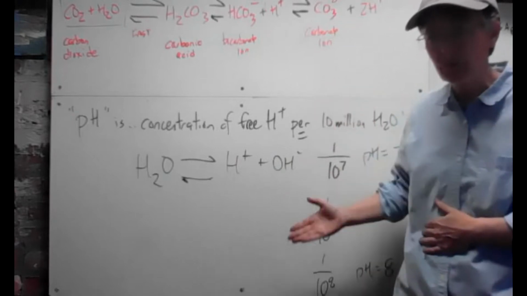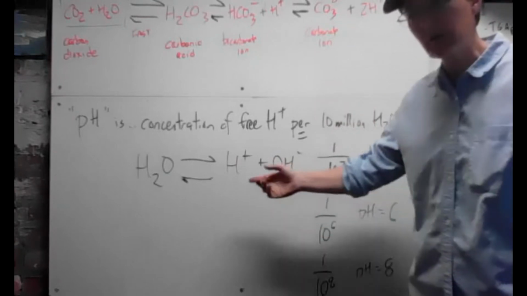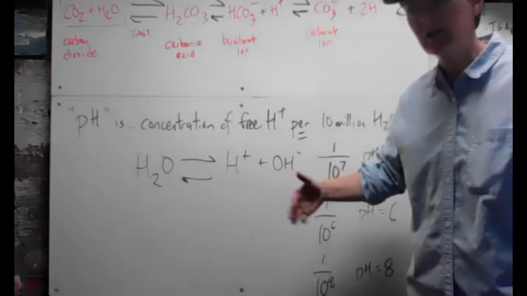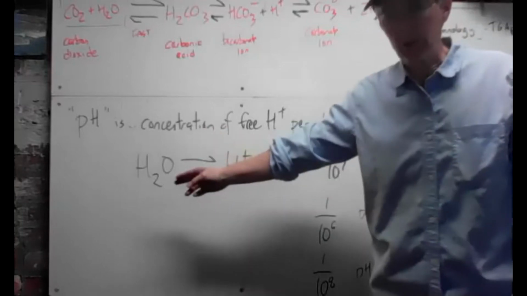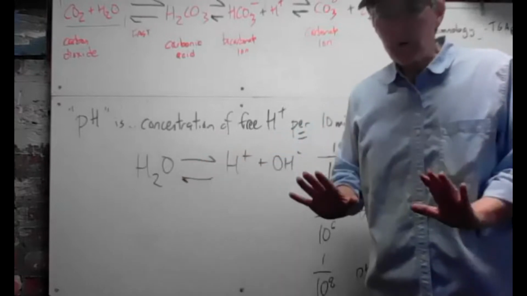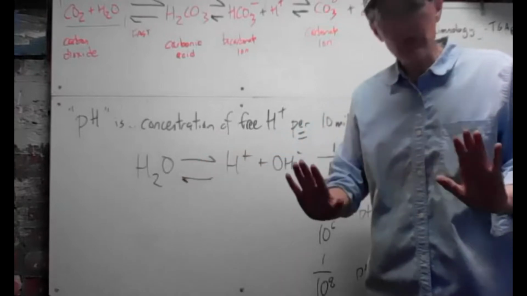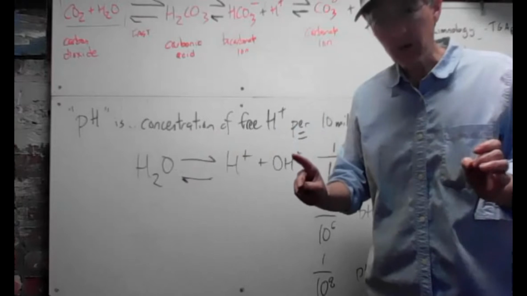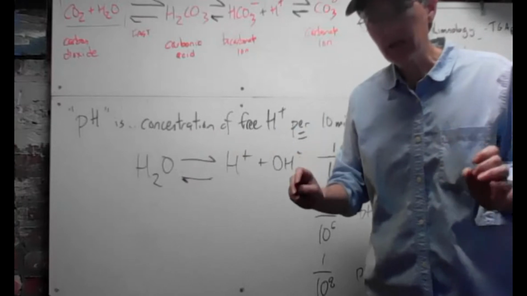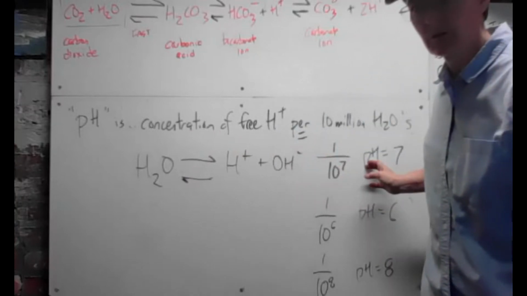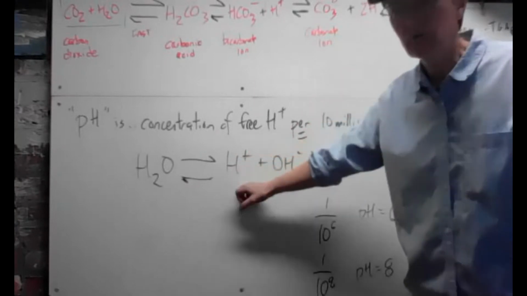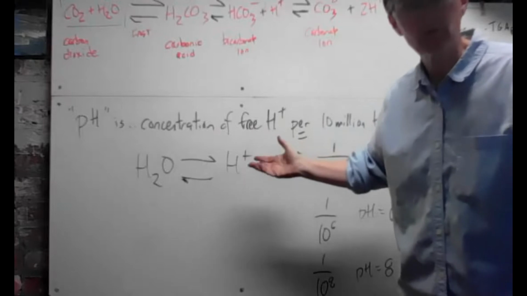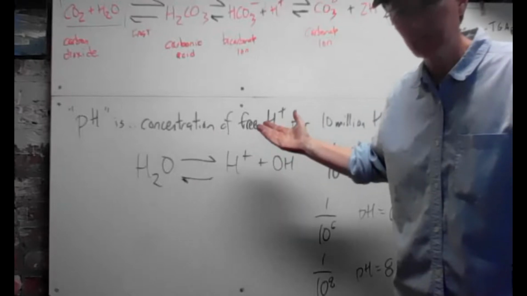Okay, so this is what pH is. pH is about the concentration of protons, and it's really about the ratio of protons to water molecules. Water, if left alone on its own, will dissociate, creating a pH of 7. When you add an acid, you're going to raise the concentration above what the water would normally naturally have.